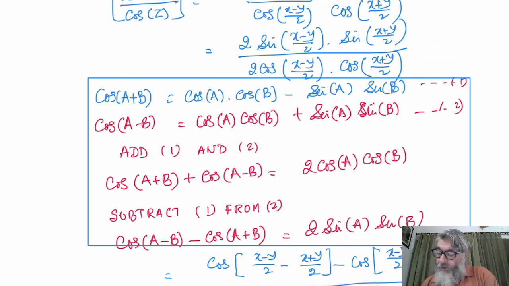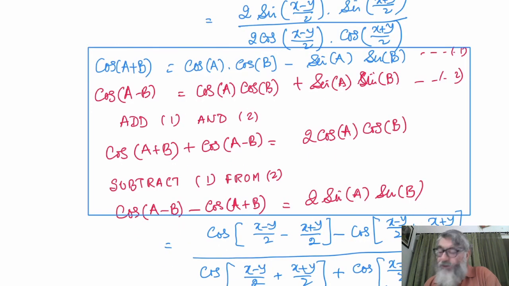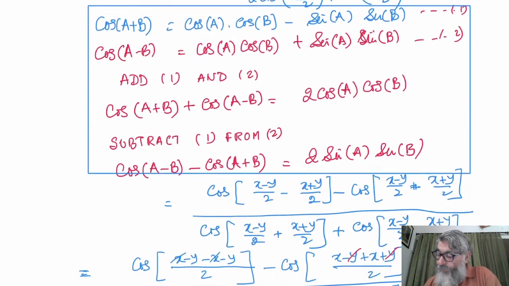We apply cos a plus b and cos a minus b, and once we add them, once we subtract them, we will get the corresponding formula. So cos a minus b minus cos a plus b is for 2 sin a sin b, and cos a plus b plus cos a minus b is 2 cos a cos b.